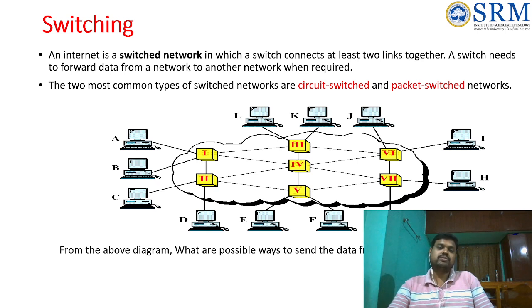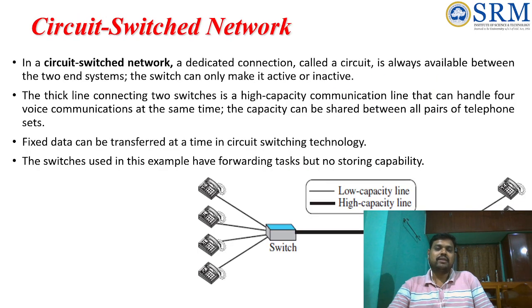The two most common types of switching techniques are circuit switched network and packet switched network, right? Circuit switching will have a dedicated connection. Most of the traditional telephone networks are the best examples of circuit switching. In circuit switching, you have a dedicated line between the sender and receiver.